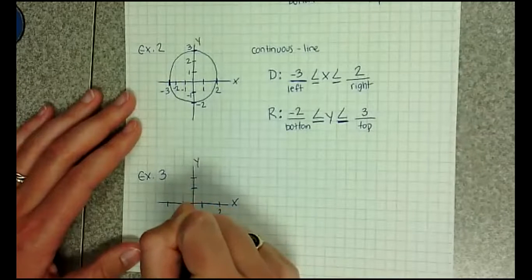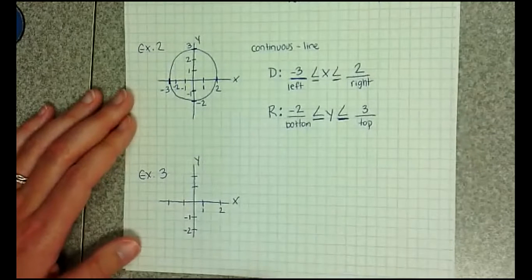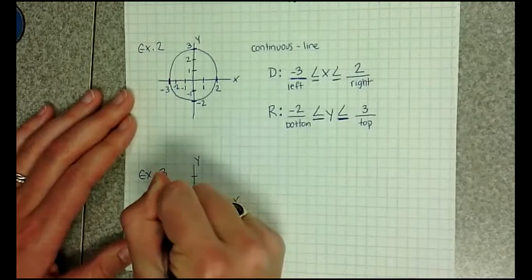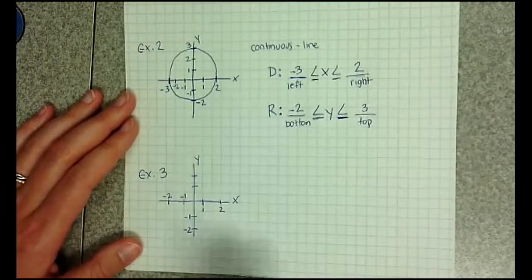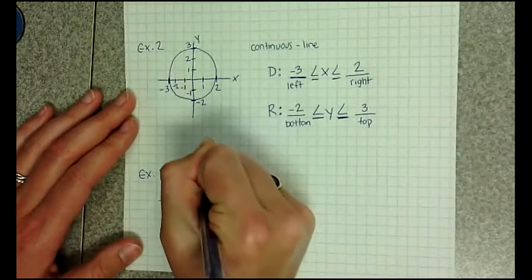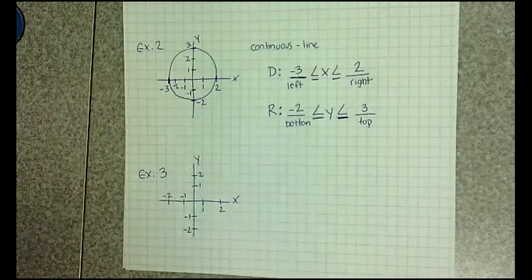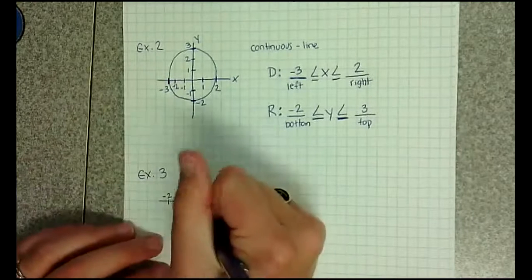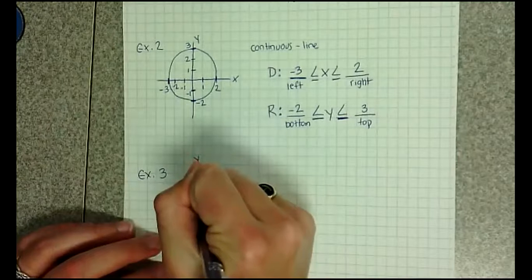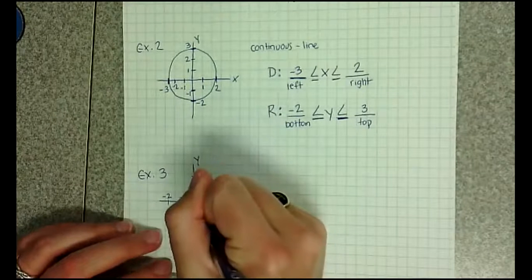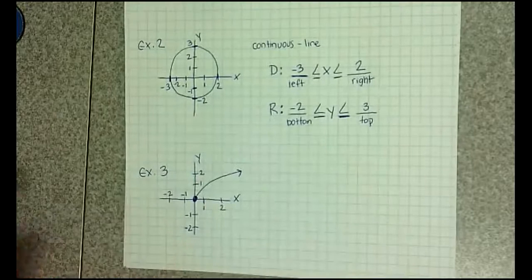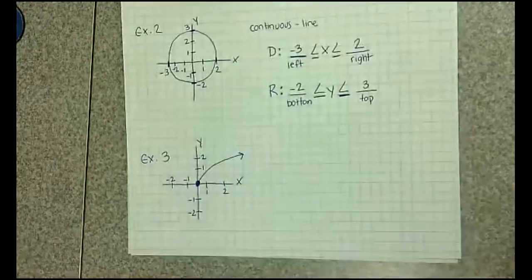This is -1, -2. -1, -2. 1 and 2. Okay, so that's just setting up my XY coordinate plane. My graph, I'm going to put a dot here and I'm going to draw my line going like that. So sketch that graph for me the best that you can in your notebook.